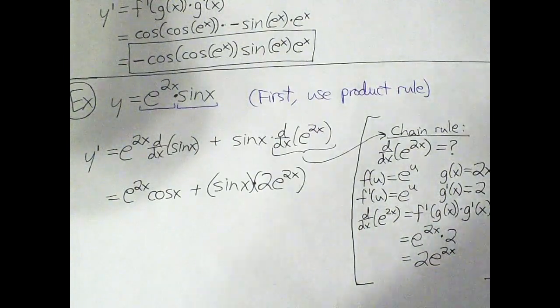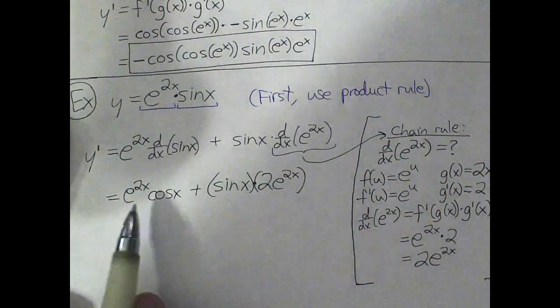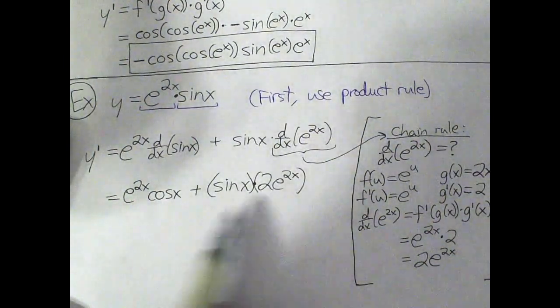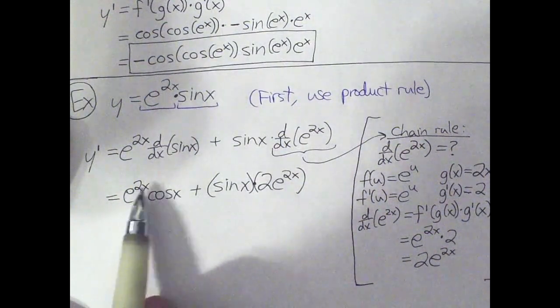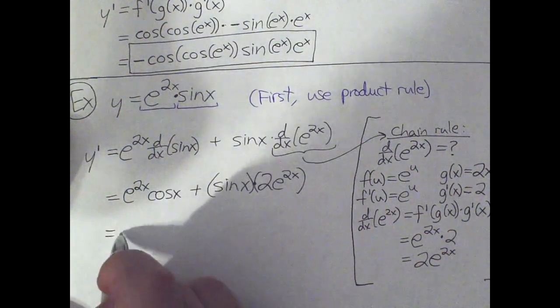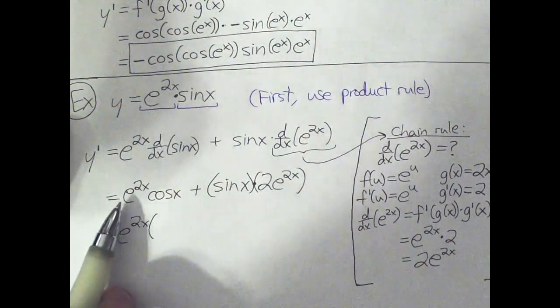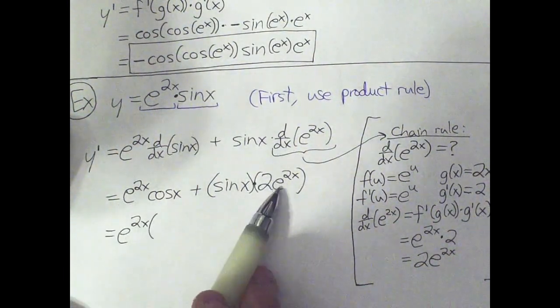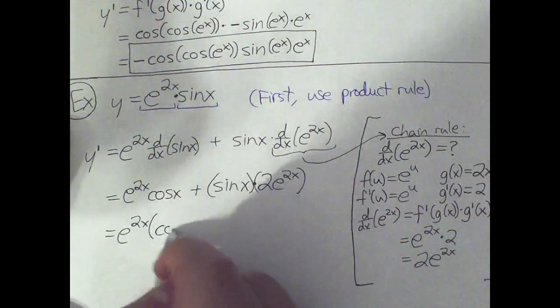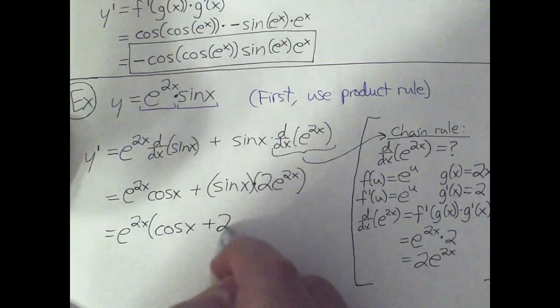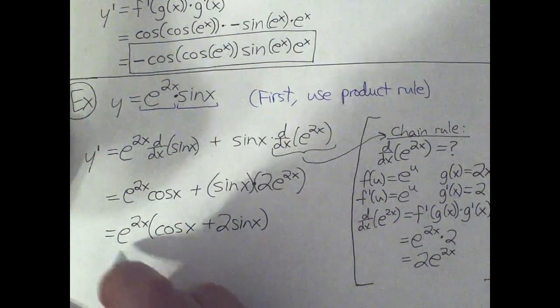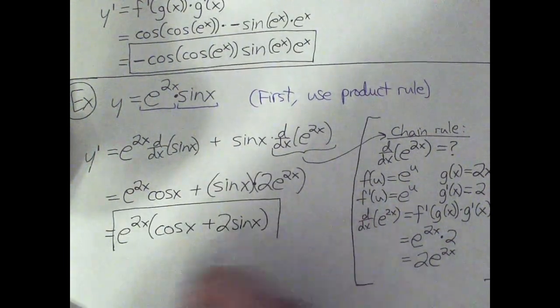I think I see something. Both terms of this answer have e to the 2x, so I'm going to pull e to the 2x out. That's going to leave me with cosine x plus 2 sine x. That's a good looking answer. I like that.